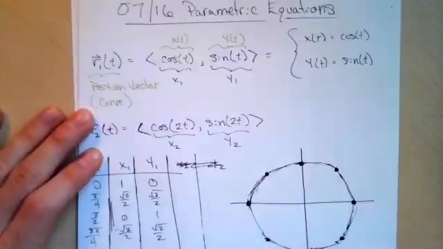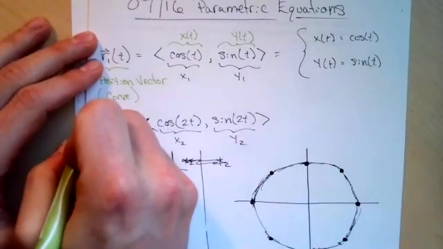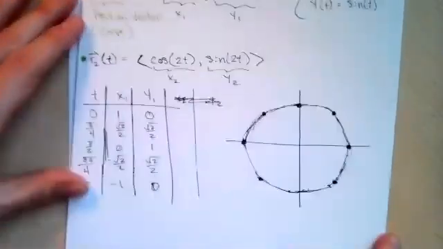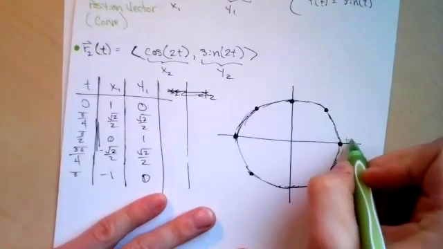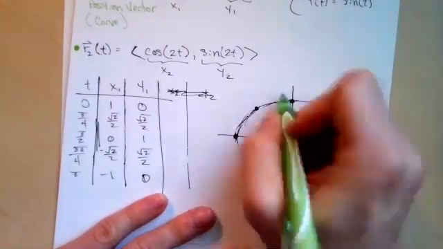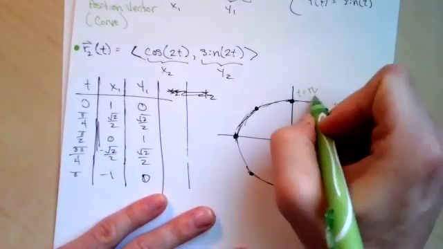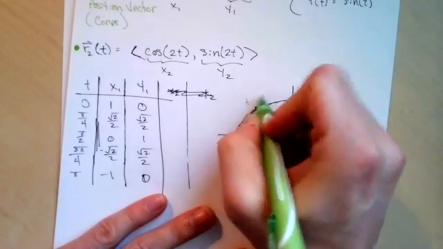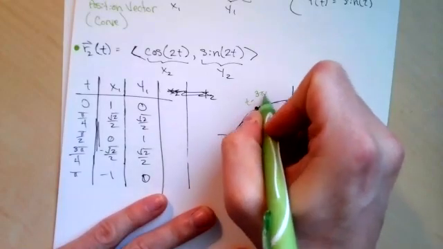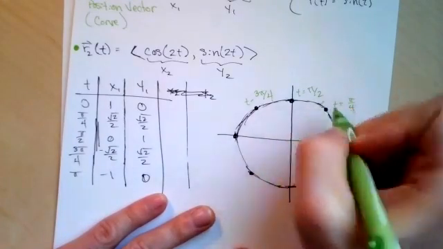And since we've got green going with R1, maybe we can label some points: t equals 0, t equals pi over 4, t equals pi over 2, t equals 3 pi over 4. So we're still going around the same direction.